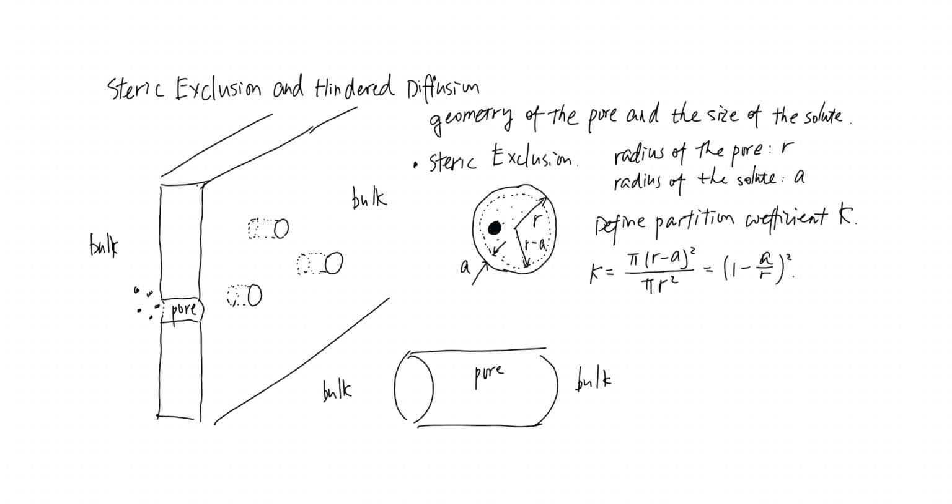Let's consider solutes with finite size. That's where the solute can be within the pore: it's the available space. It cannot get closer to the wall than its radius. However, in the bulk part, it doesn't have such a restriction. There's no wall that limits its place, so it can exist in a larger space than it can in the pore.